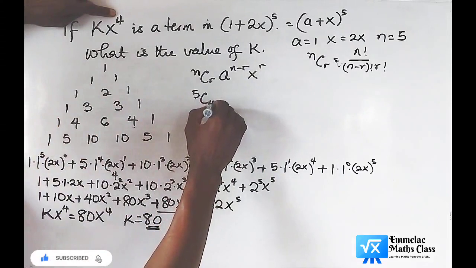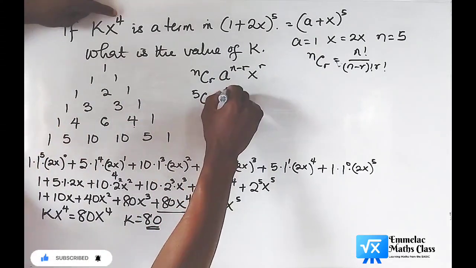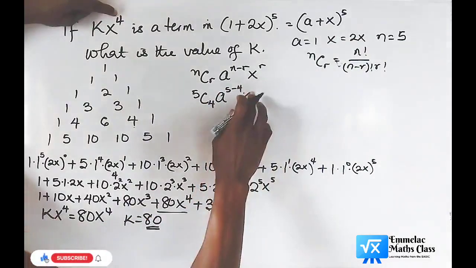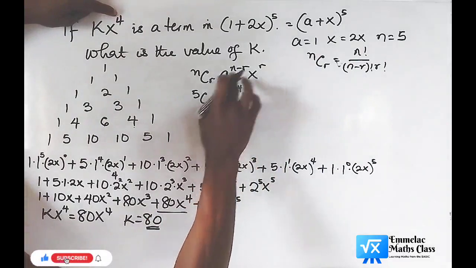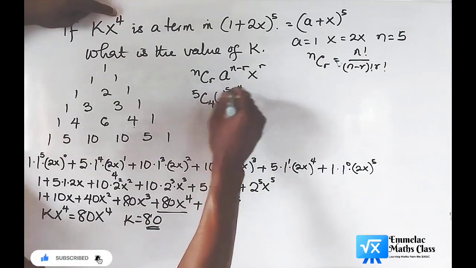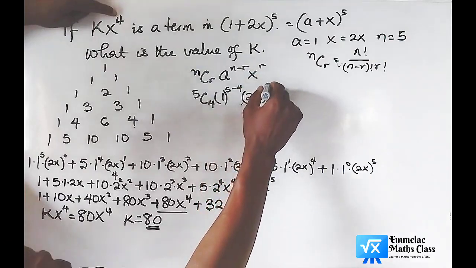So here we have 4, then a, then our n is 5 minus 4, then x, so our x here is actually 2x, so our a is 1, sorry for this, so this is 1 into bracket, then our x is 2x all raised to the power of what? 4.